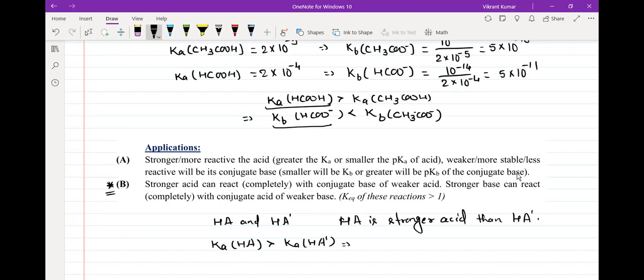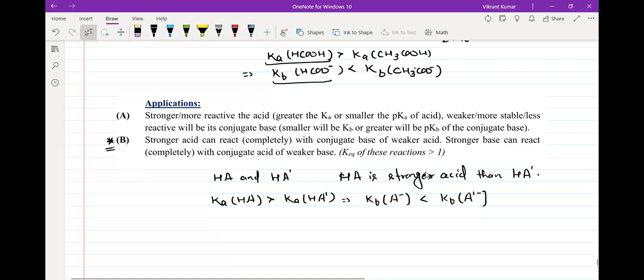And its other meaning, which we studied in the first application, is that Kb of A minus will be less than Kb of A dash minus. Is it okay? Now the reaction I am talking about is between the stronger acid and the conjugate base of the weaker acid. Stronger acid is HA, conjugate base of weaker acid is A dash minus. Their reaction will be the transfer of H plus from HA to A dash minus, and that's why it will form A minus plus HA dash.